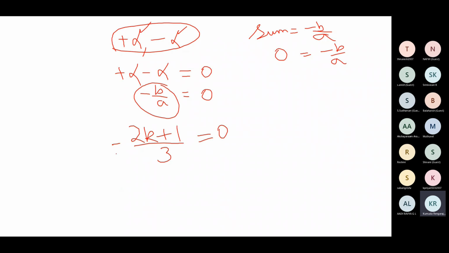So cross multiply: it's minus b, so the minus should be applied to all of this. You get minus 2k minus 1 is equal to 0. So what's the value of k? The value of k is equal to minus 1 by 2. Solve it. K is equal to minus 1 by 2.